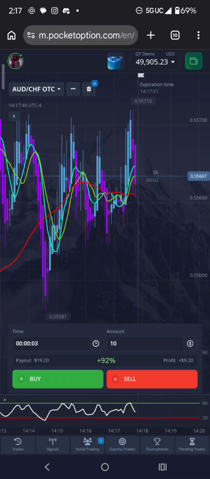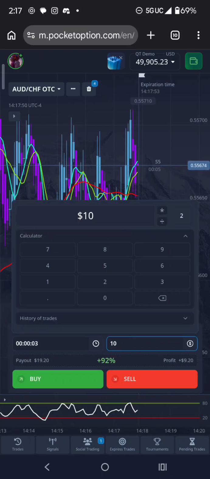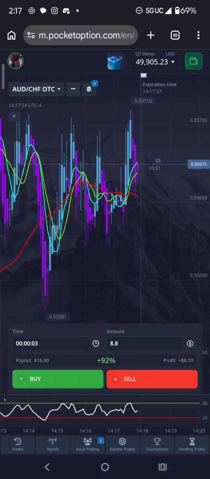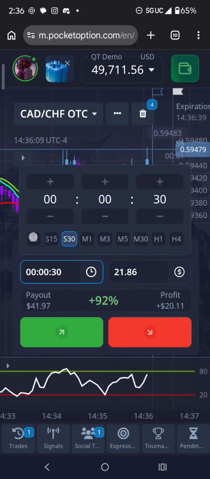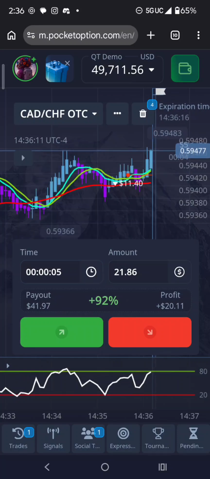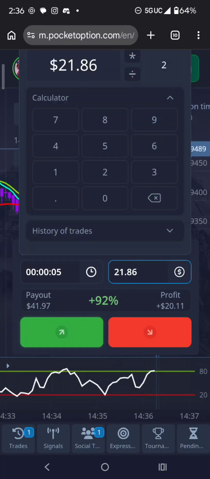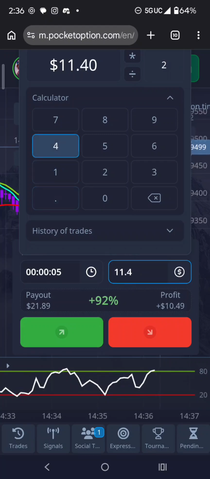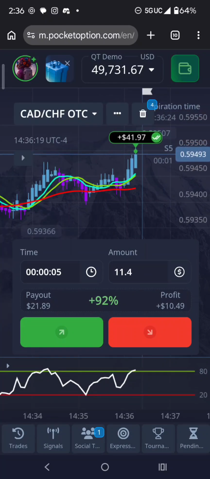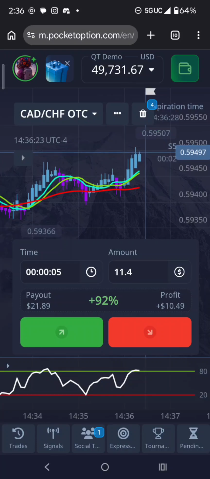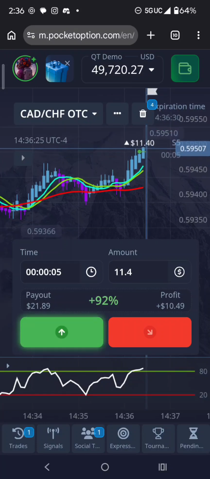Okay, so we're going to go through a progression. I'm going to go through the same one, 8.8. This is where we're going to start. I'm actually going to go through another one right now. We'll use a 5-second expiration for it, so we can do this very quickly.